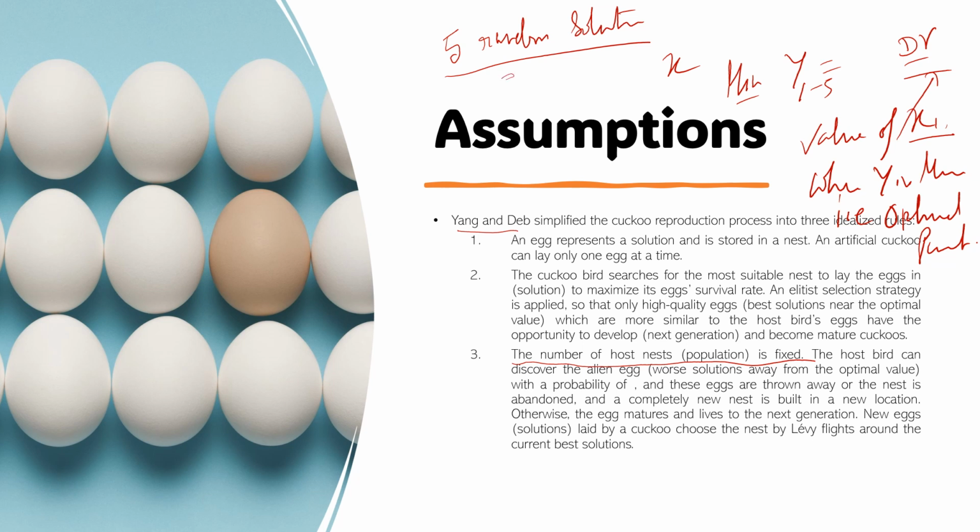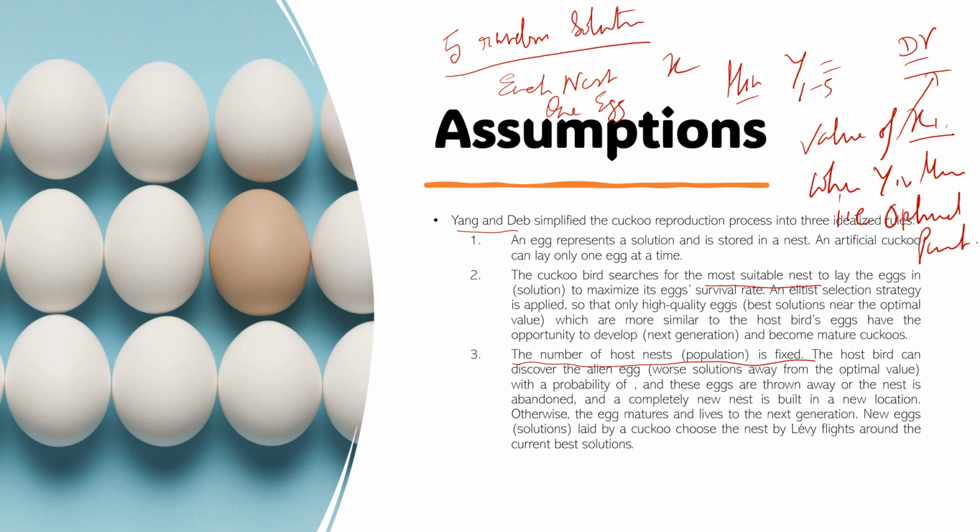and you can lay one egg at a time only. That means each nest will have only one egg that can be laid by the cuckoo. And certainly, to maximize the egg survival rate, the cuckoo will select and lay in the most suitable nest. And lastly, the number of host nests is fixed.